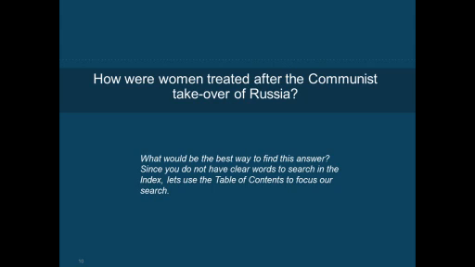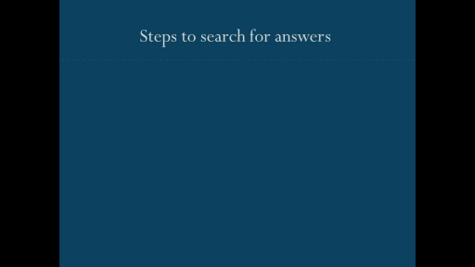For a question like that, we want to use the table of contents. The table of contents does not give as specific pages as the index does. It gives the chapters and the sections, how the book itself is divided, but doesn't give very specific pages. So searching for words within a table of contents or exam answers in a table of contents takes a few steps.